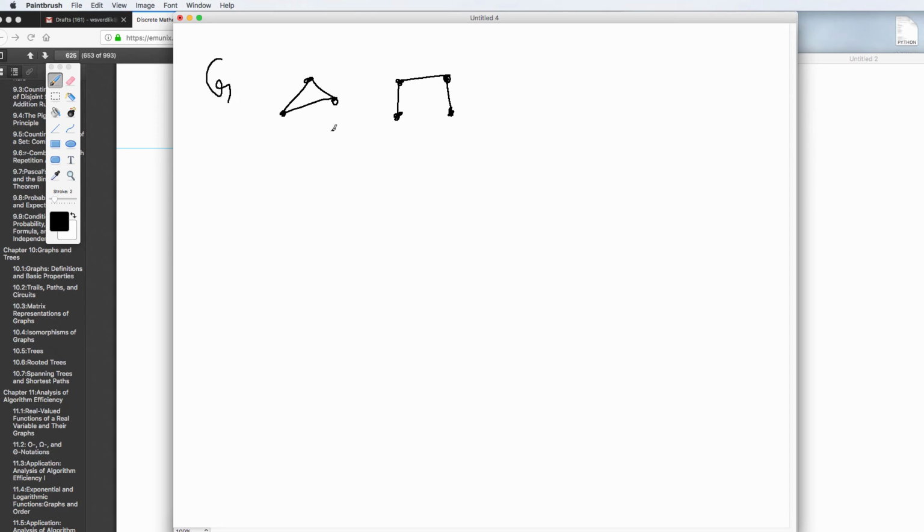Here's G, and it's made up of these 1, 2, 3, 4, 5, 6, 7 points. Clearly it's not connected because there is no way to get from this point here to this point here. So this is not connected.